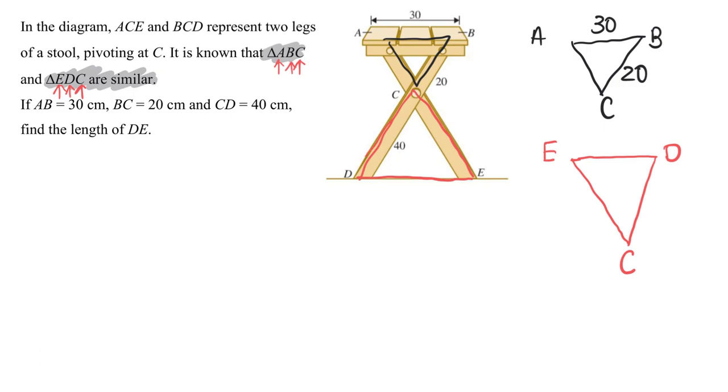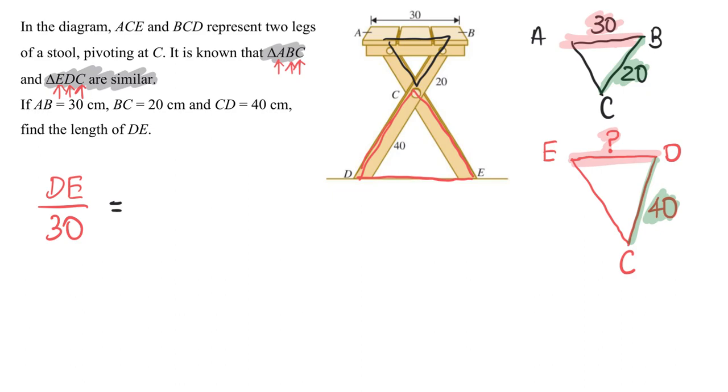Then I saw C to D is 40, so this is 40. Let's find DE, which is the question mark here. And the moment I draw in this form, I will then be able to identify that ED and AB are corresponding sides. BC and DC are the other corresponding sides, and I will then be able to get my ED or DE over 30.